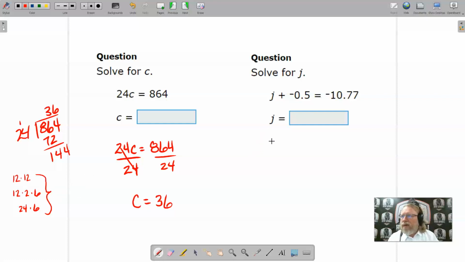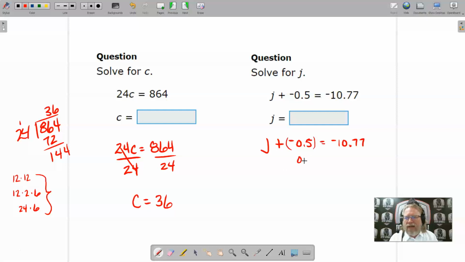All right, so we have j plus negative 0.5 equals negative 10.77, good old decimals. So the negative 0.5 is related to the j through addition. And actually, this is one of those times where I like to think of this as just a negative 0.5.